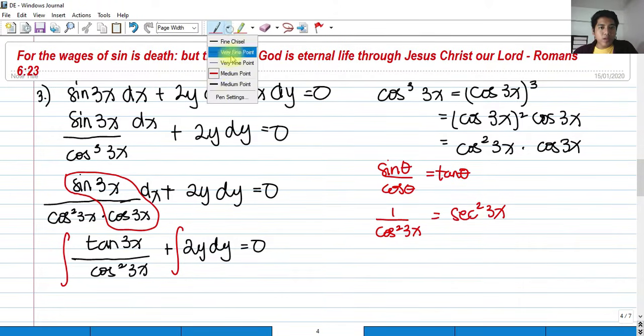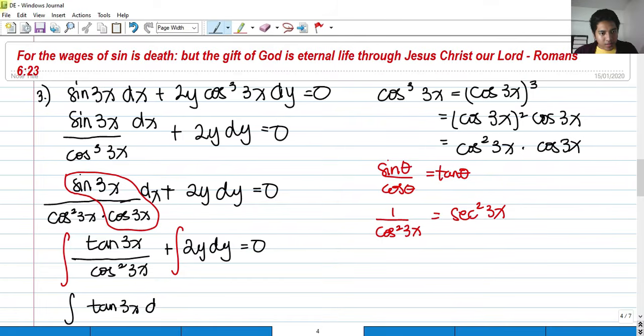So if I substitute that, we have tangent 3x, and I'm sorry, we have a dx here, multiplied by secant squared 3x dx plus 2, factoring out 2 because that's a constant.